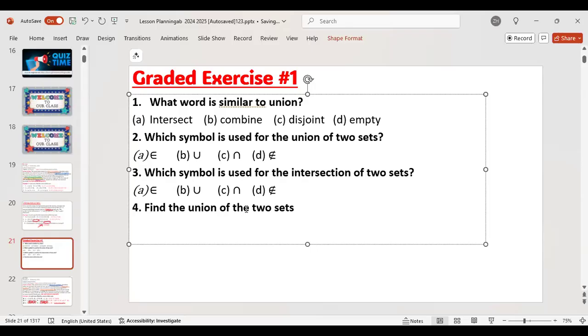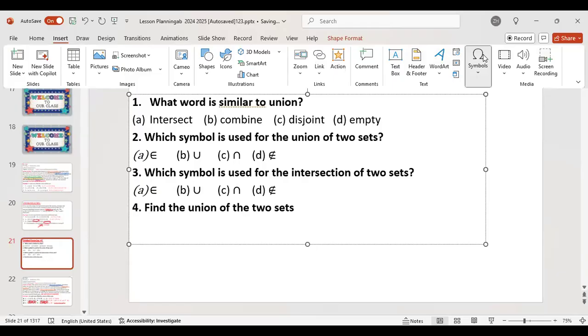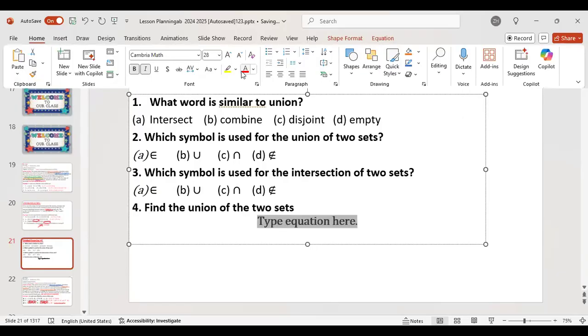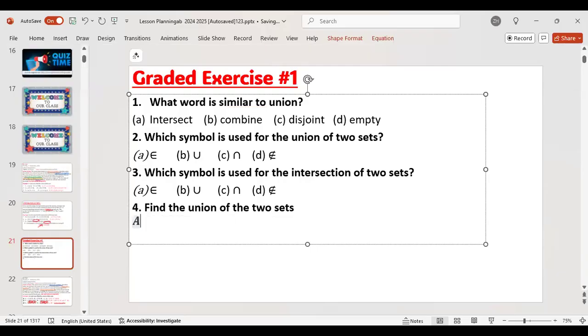So number 4 is not a multiple choice question. I'm giving you the set A and B, and you're going to tell me what the union is. So again, number 4 is not a multiple choice question. So we have set A, and set A contains 13, 32, and 44.